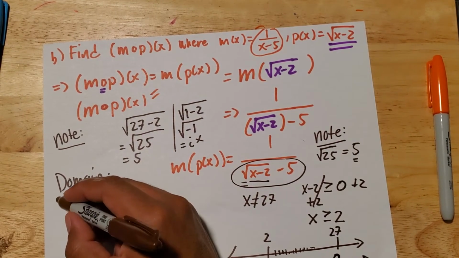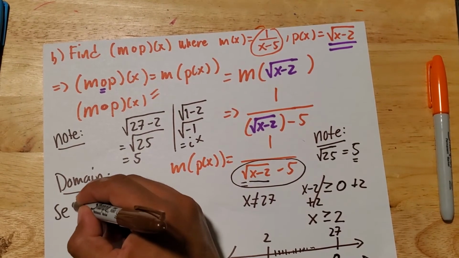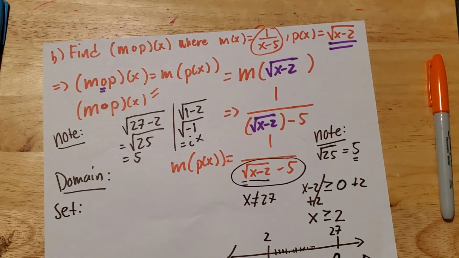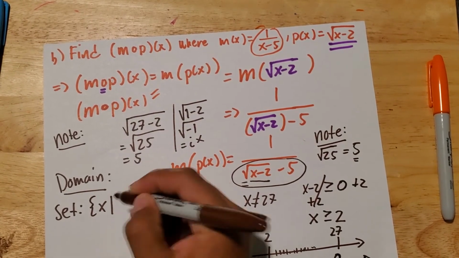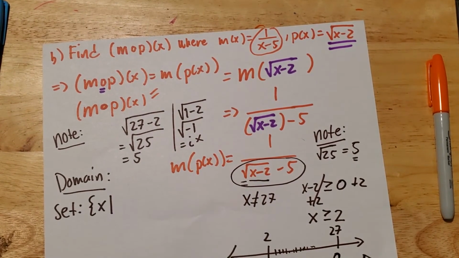in terms of set notation, this is where set notation will be a little tricky to do, because you have to get creative with how you write it. So it's similar. We're not going to say all real numbers because, of course, there's a lot of numbers that don't work.